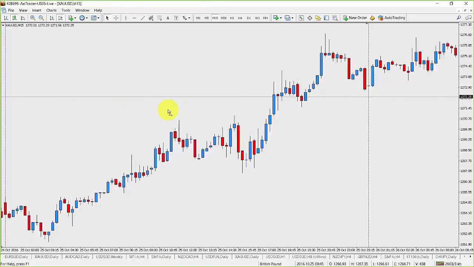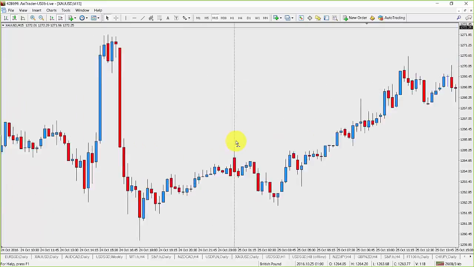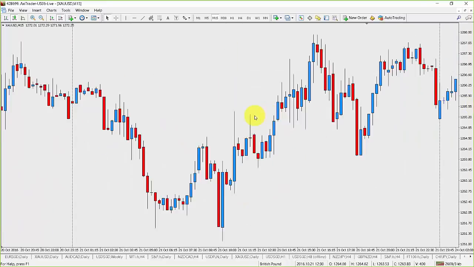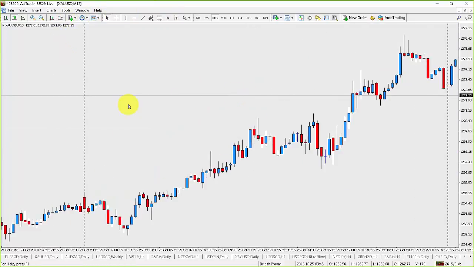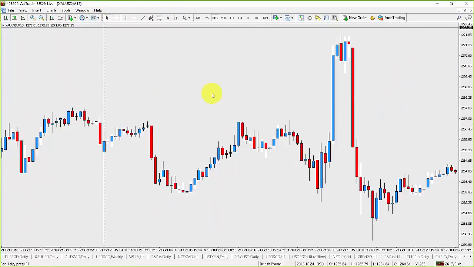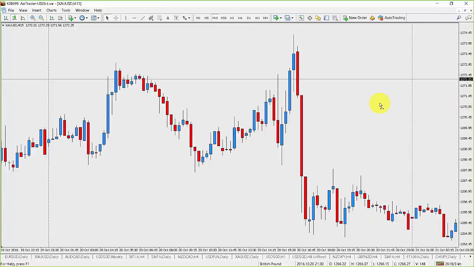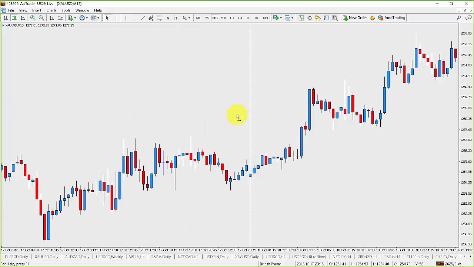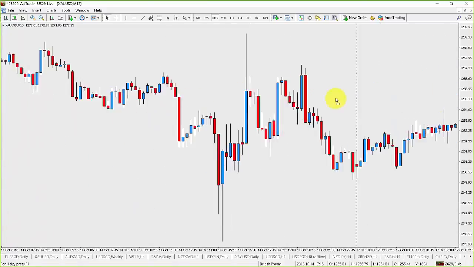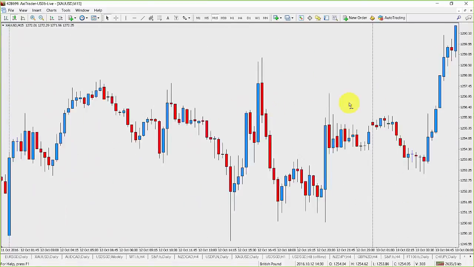Essentially what we're looking for here is the market going in one direction, and as it's going in one direction, it breaks through a level, and then we want a really clear example of the retouch, which shows you what this is all about.